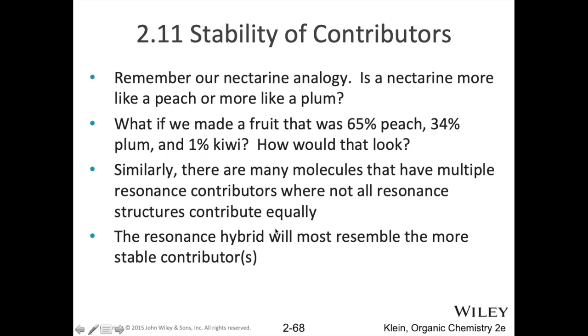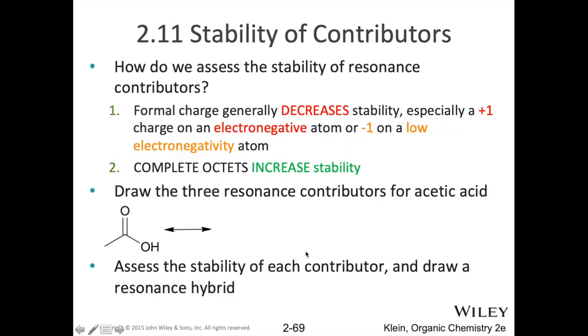In the same way, our resonance hybrid will probably resemble its more stable contributors. So what makes a resonance contributor more or less stable? And again, this, by the way, is why we get into that habit of drawing resonance contributors. It helps us understand what the hybrid must look like.